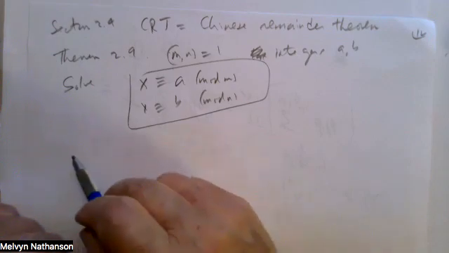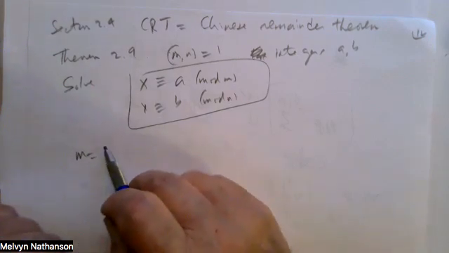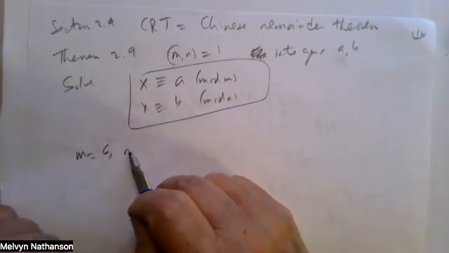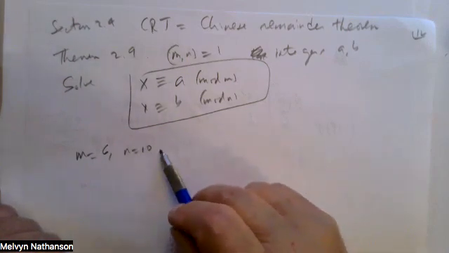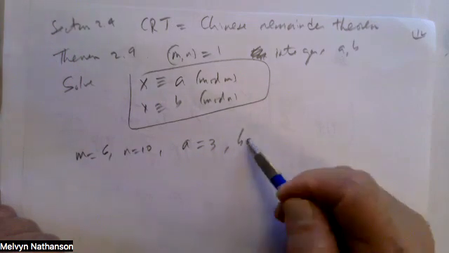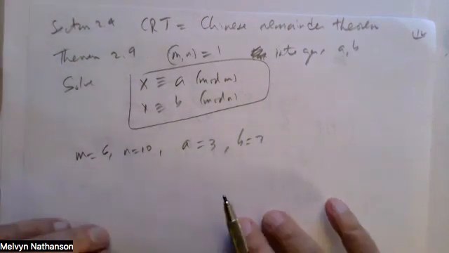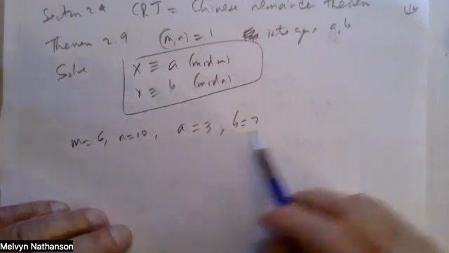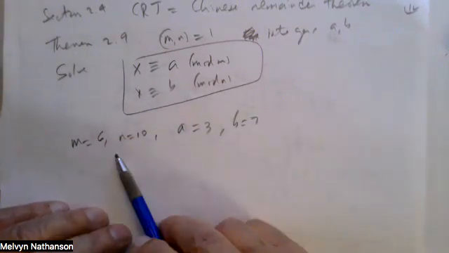So for example, suppose I take m equal to 6 and n equal to 10. And I take a equal to 3 and b equal to 7. So I want to try to solve. So what are the congruences in this case?